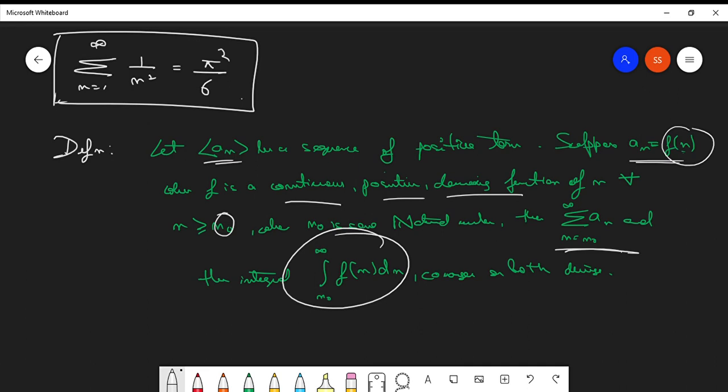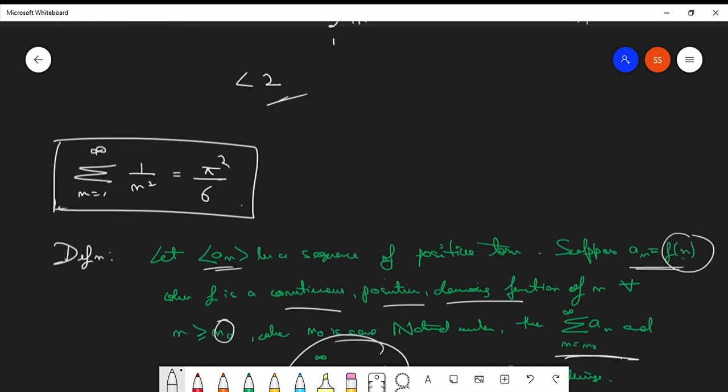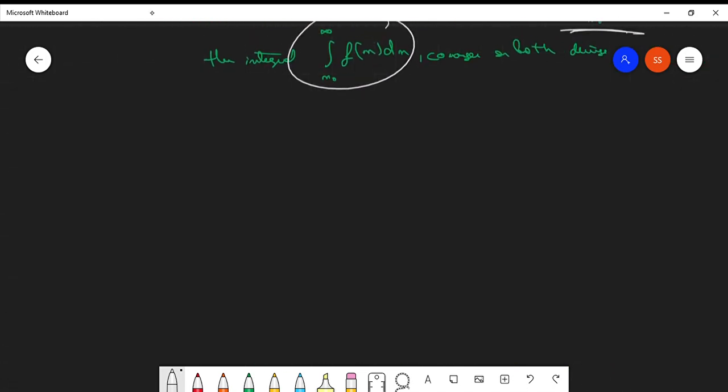We also use the same proof for the reciprocal p series. Let's say you have the p series, the summation of 1 over n to the power p, from n equals 1 to infinity. You need to check whether this is a converging or a diverging series.